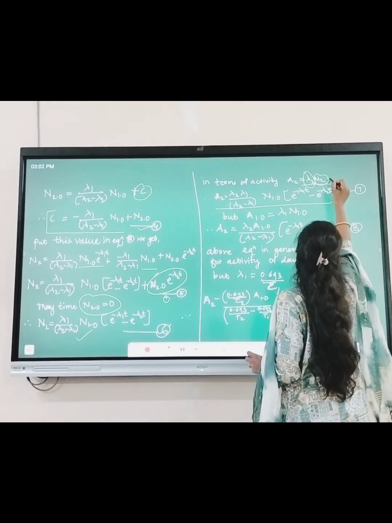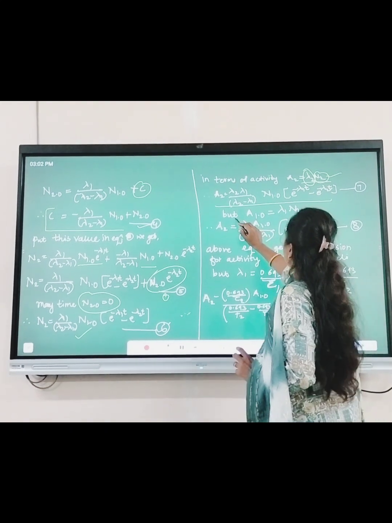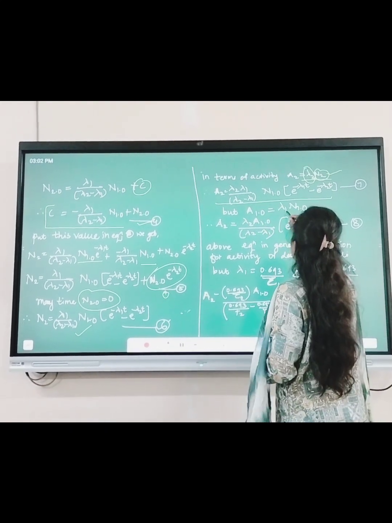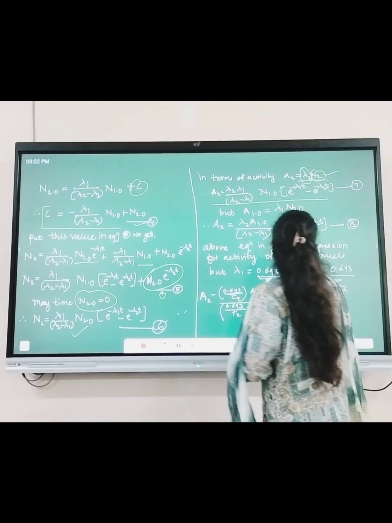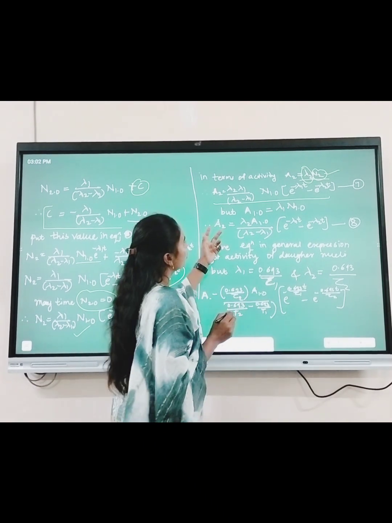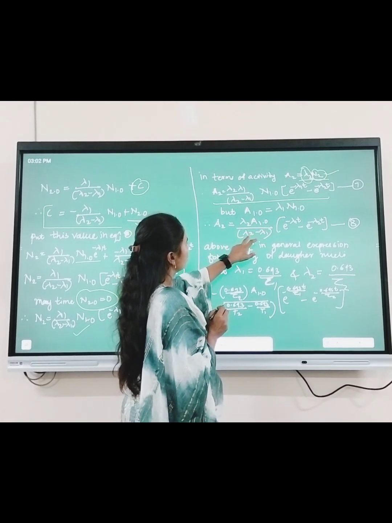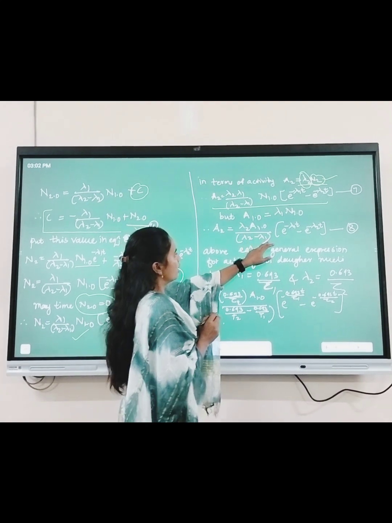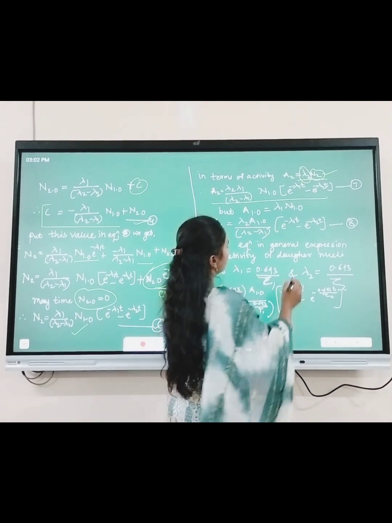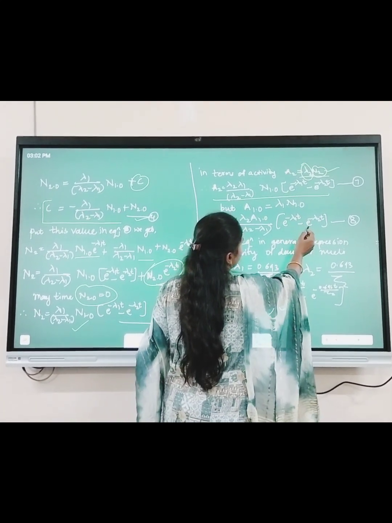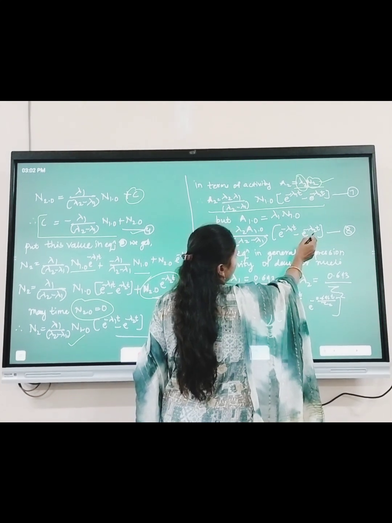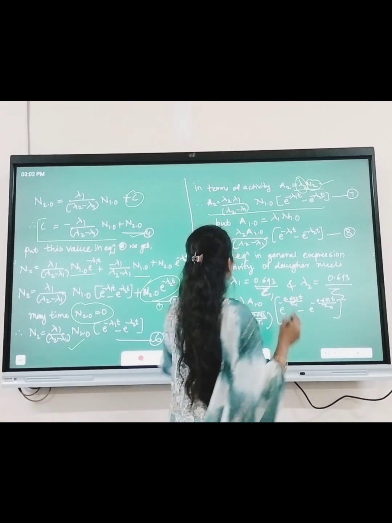We only put the value of n2 here. But A1.0 is equal to lambda 1 into n1.0. Therefore, we have A2 is equal to lambda 2 A1.0 divided by lambda 2 minus lambda 1 into e raised to the power minus lambda 1 t minus e raised to minus lambda 2 t. This is equation number 8.